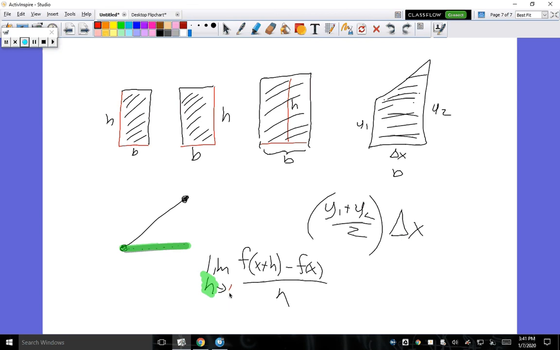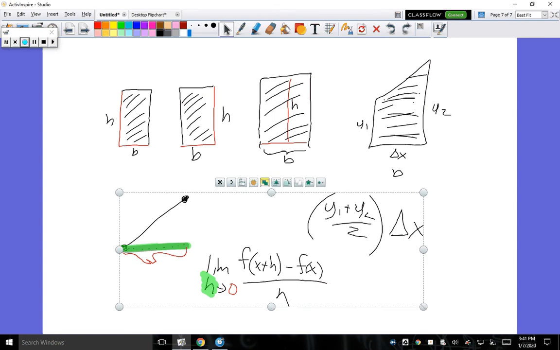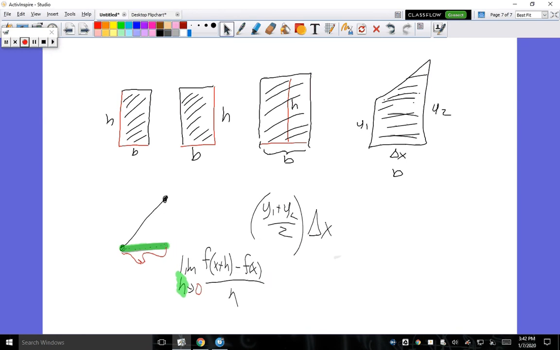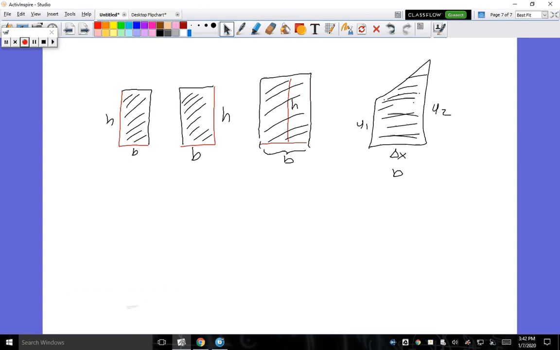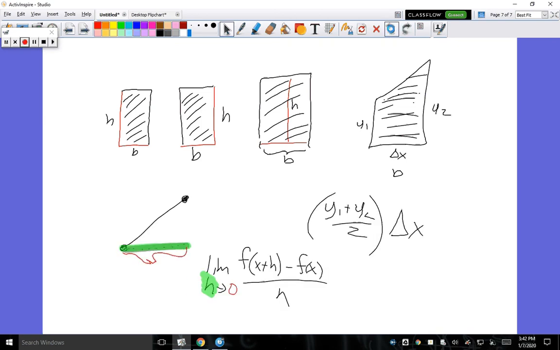Back when we did this, we wanted this value to approach 0. Because if that can approach 0, and we get that to be smaller and smaller and smaller, well, that's going to be weird. We're going to have it converge to 1 point, which is that instantaneous rate of change. You with me? So it's infinitely getting smaller.